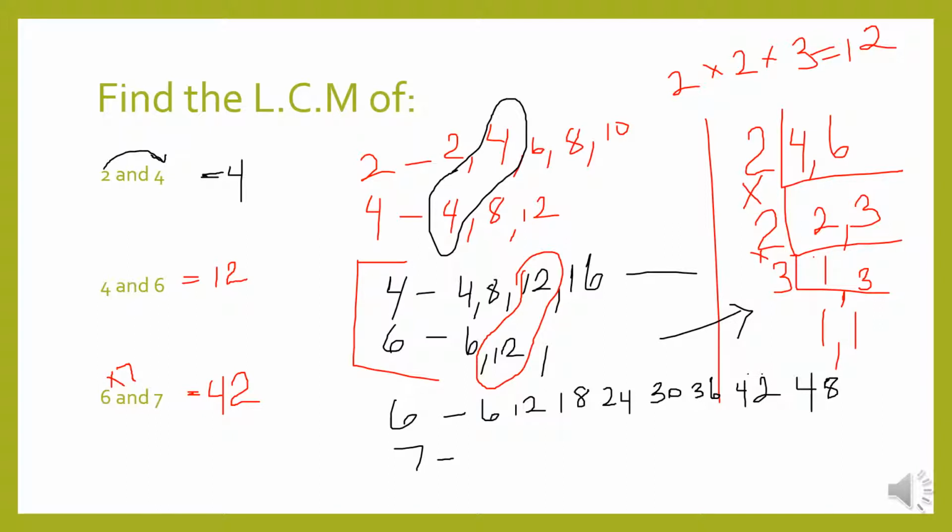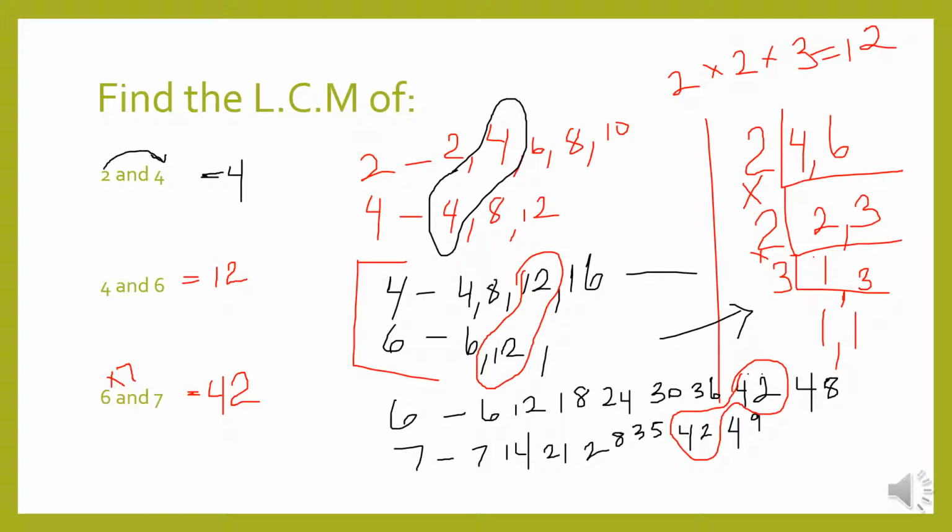Multiples of 7: 7, 14, 21, 28, 35, 42, 49. As we can see there, the first common multiple that we got is 42. So 42 is the lowest common multiple of 6 and 7.